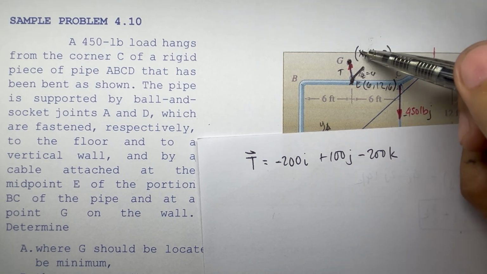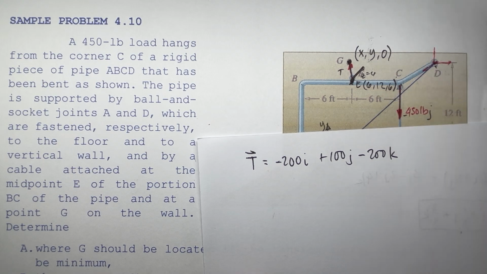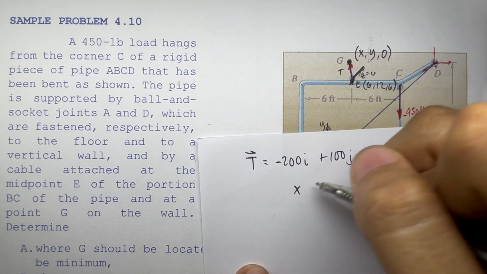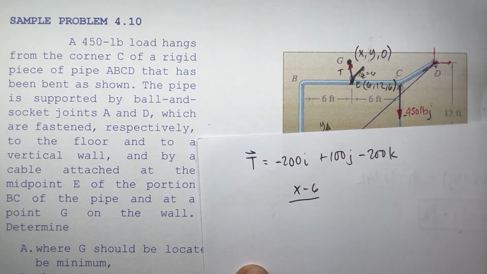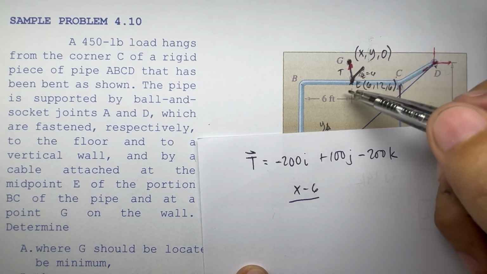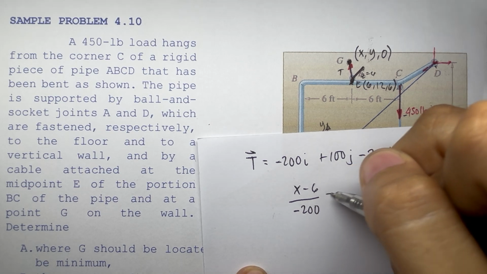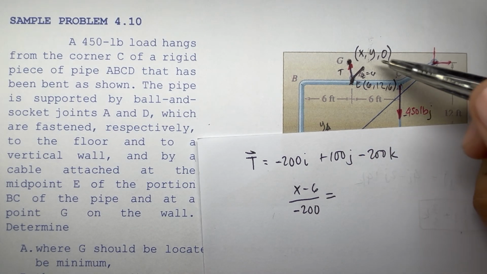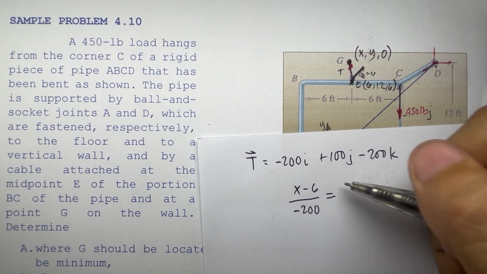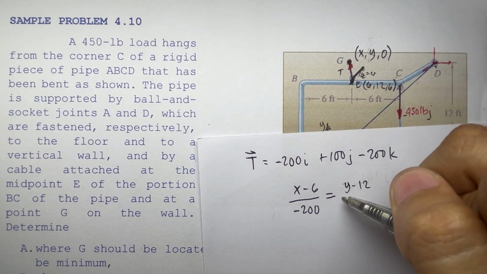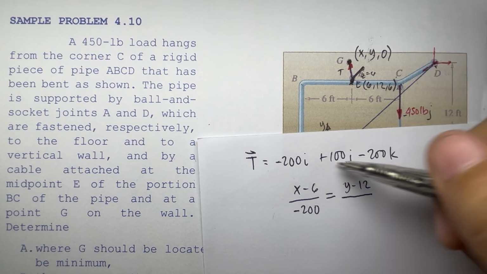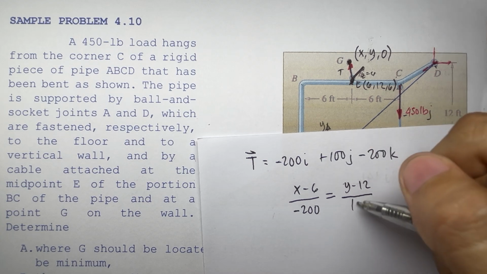We have x2 minus x1, which is x minus 6, over its proportion to our force, which is negative 200. That is equal to y2 minus y1, which is y minus 12, over the proportion of the force along y, 100.